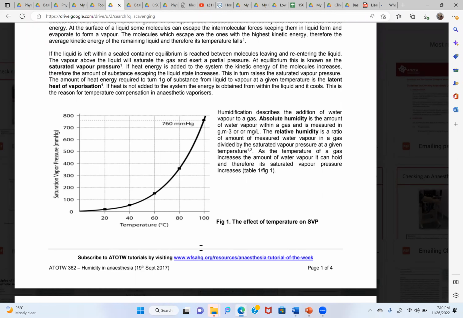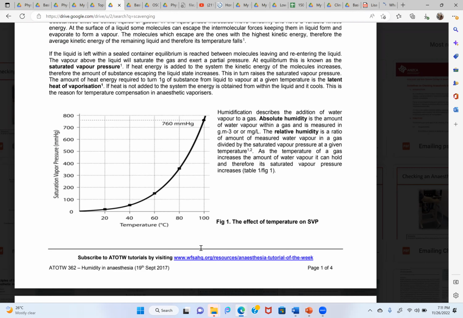It is a ratio comparing the humidity in your sample with reference to the maximum: the amount of measured water vapor in a gas divided by the saturated vapor pressure at a given temperature. Like, what is the maximum?